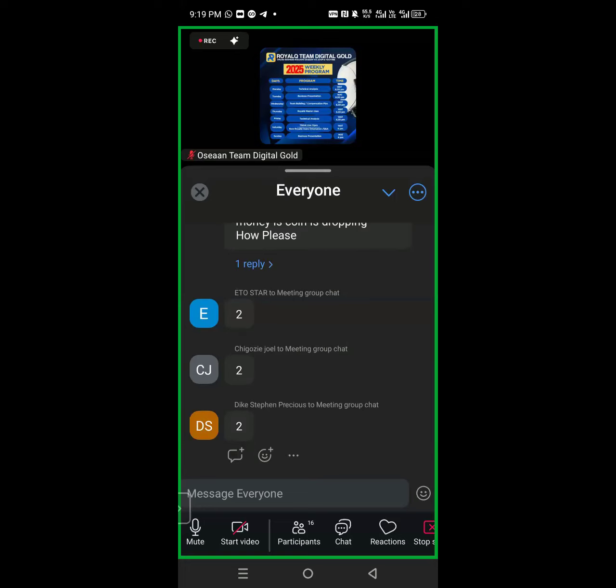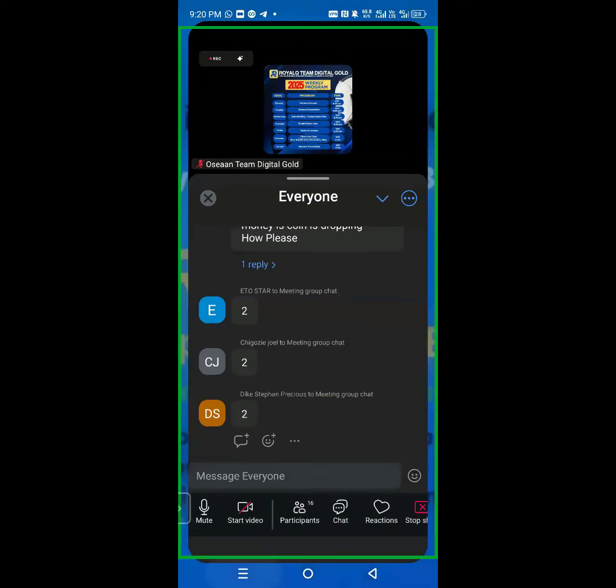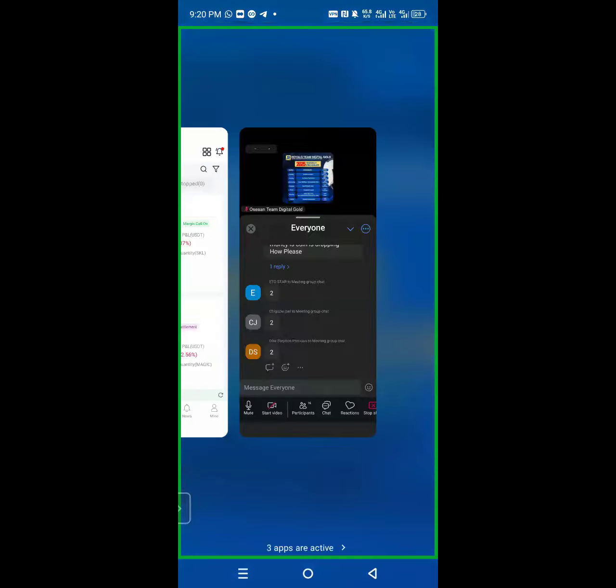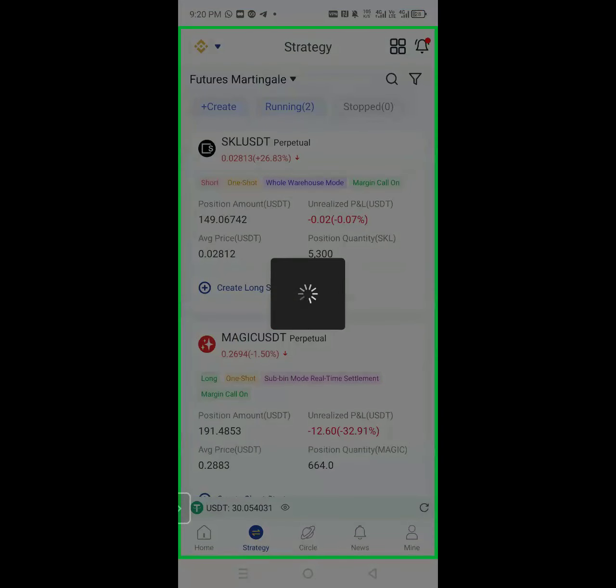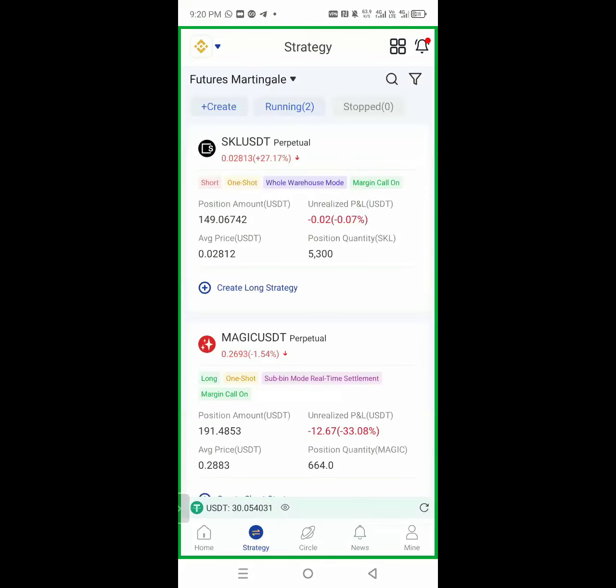Okay, so how to enter a futures trade? First things first is for you to go to your Binance. We have the videos. Normally, you're supposed to set up all the coins there. You're supposed to change the margins to isolated mode.